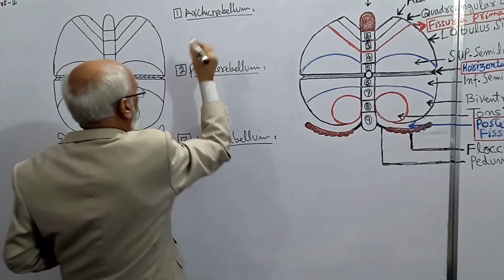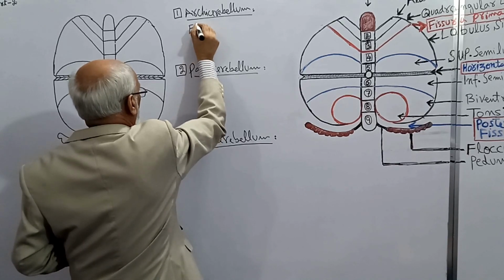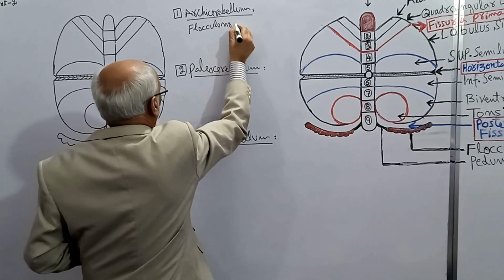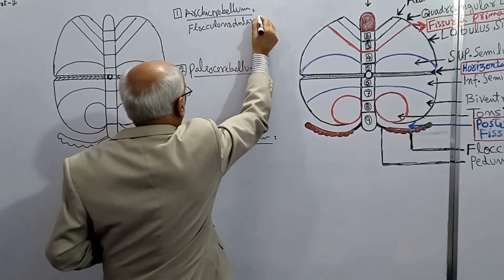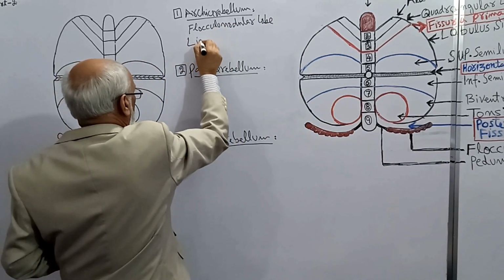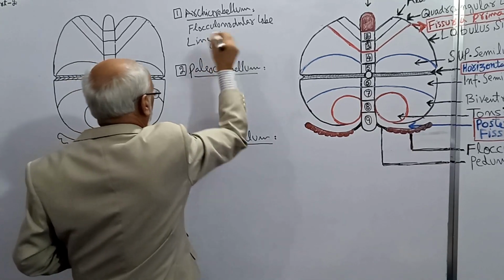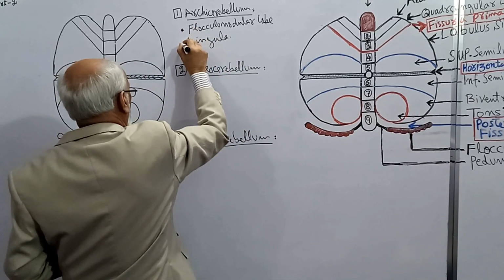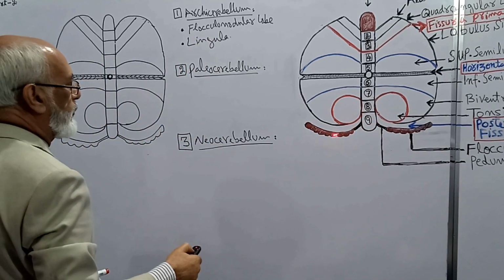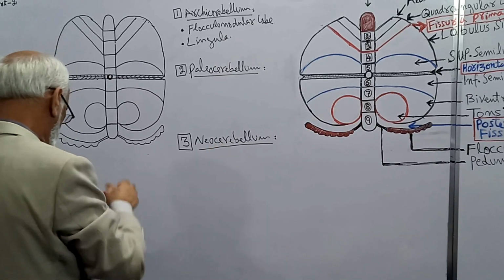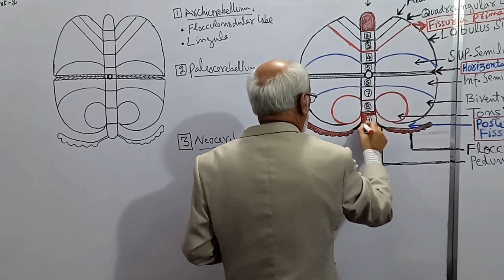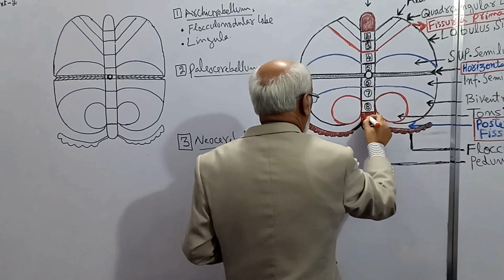Flocculonodular lobe and lingula. These are the parts of the archicerebellum.